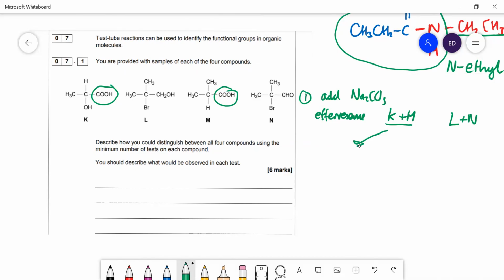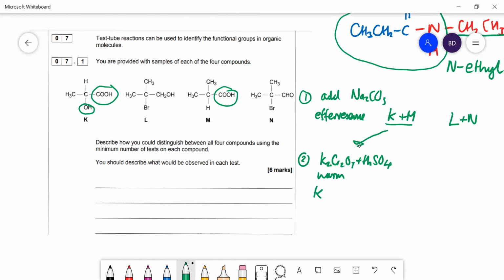Now, how can we distinguish between K and M? Well, I think the easiest way to do that is the fact that this has got an alcohol group, and it's a secondary alcohol group. You can oxidize that with potassium dichromate. So you would add potassium dichromate, acidified, plus acid, and you warm it. In the case of K, that can be oxidized because it's a secondary alcohol.